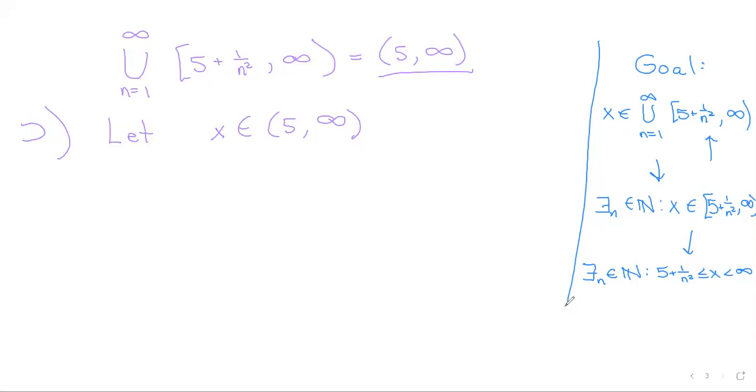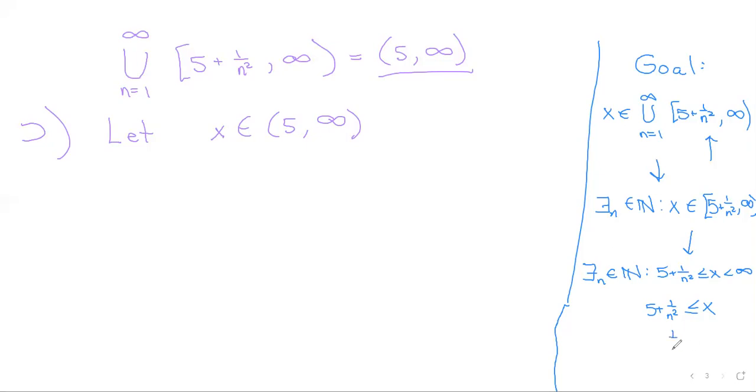An important step that we must take is the Archimedean principle, actually. Can there be an n in naturals such that x is greater than or equal to 5 plus 1 over n squared? If we solve for n, we'll see if there is or not.